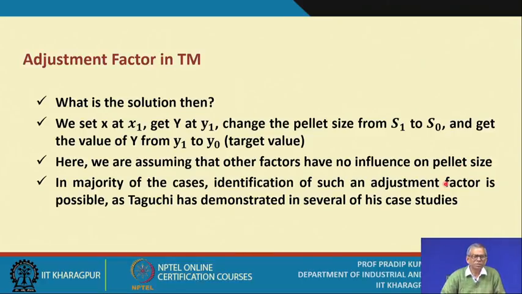So this is the rule we follow, and if you go through the case studies on the Taguchi method, you find that in the majority of cases, maybe 95% of the cases, identification of such an adjustment factor is a possibility. But what is the basic condition? You must have a thorough knowledge about the behavior of the process.